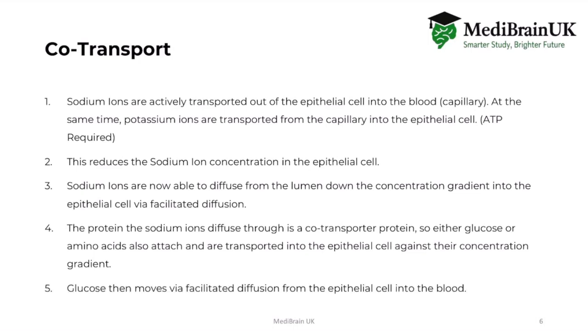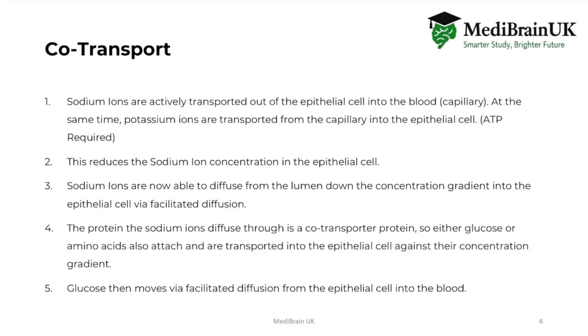So you've got the method of co-transport there. Sodium ions are actively transported into your capillary. That decreases the concentration of sodium ions in your epithelial cell. Sodium ions move by facilitated diffusion from the lumen into the epithelial cell. They take a molecule of glucose or amino acid with them.